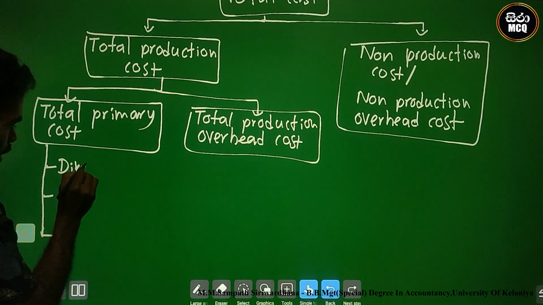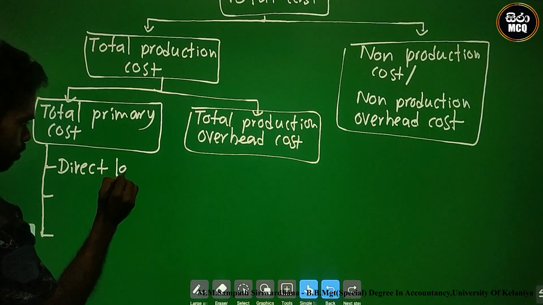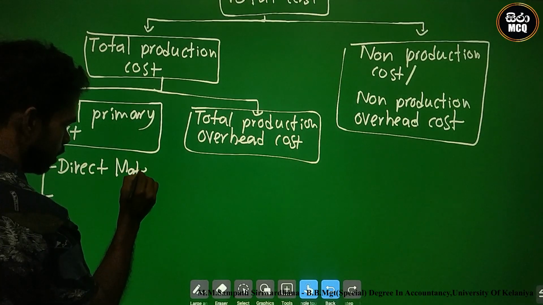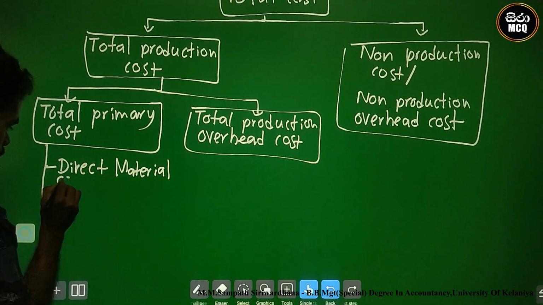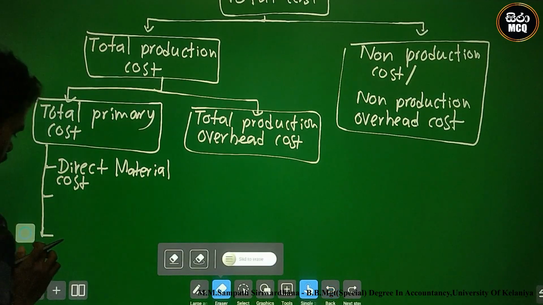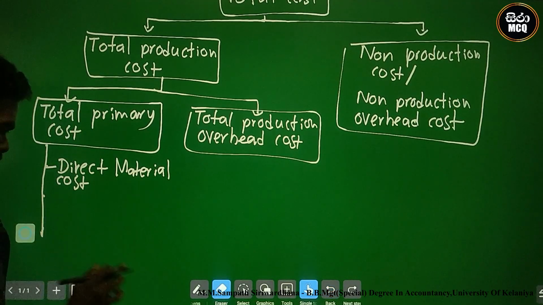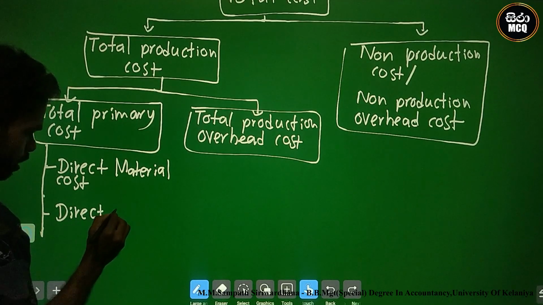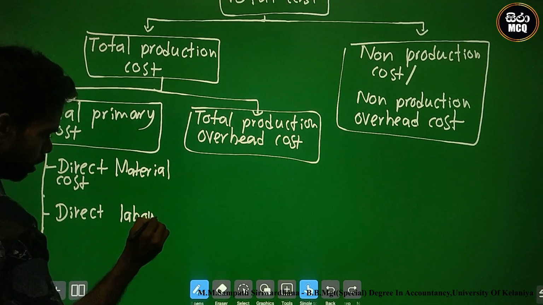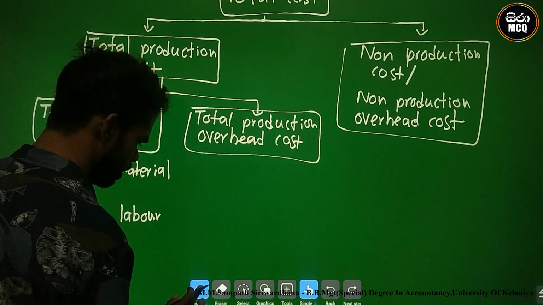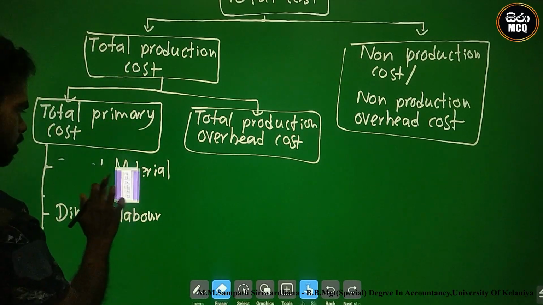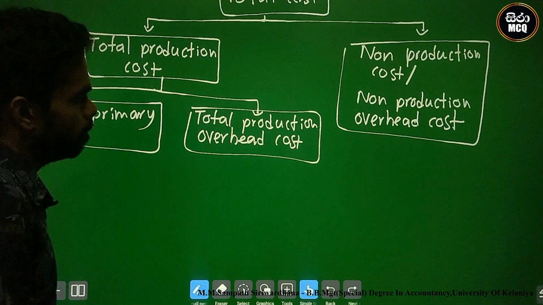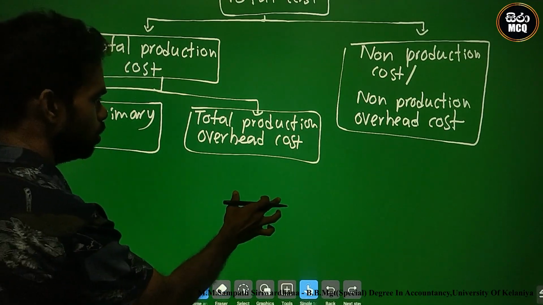Direct labor cost, direct material cost, and the other one, direct other cost.